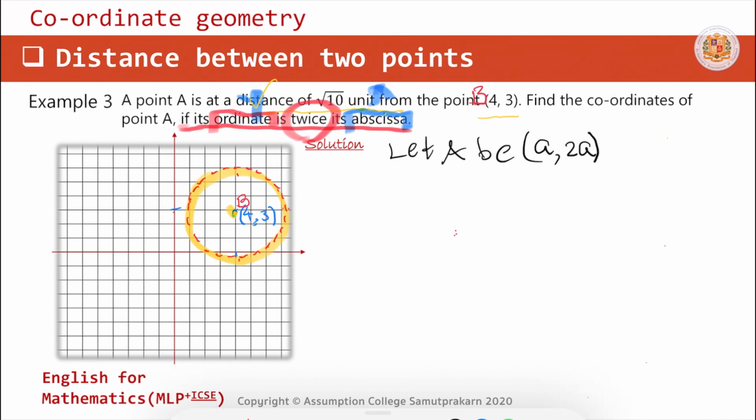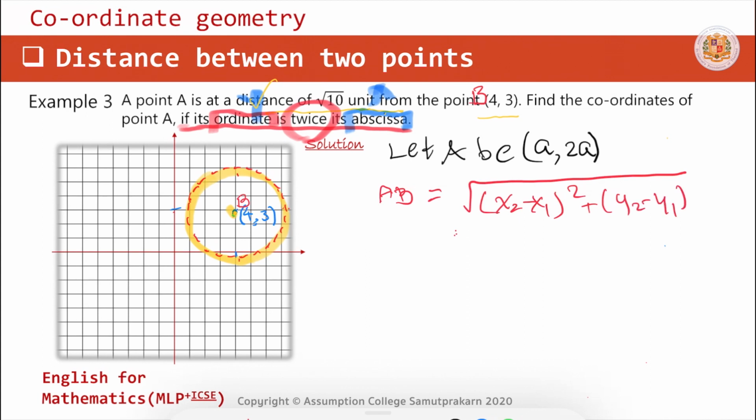So the distance between A and B is equal to the square root of x2 minus x1 squared plus y2 minus y1 squared, and we already know that AB is equal to square root 10.